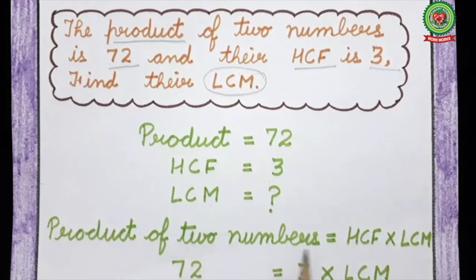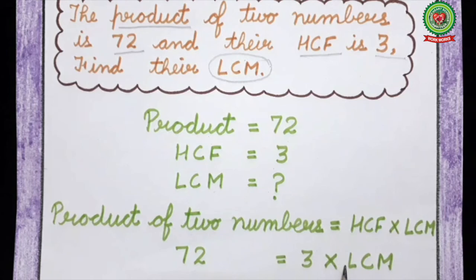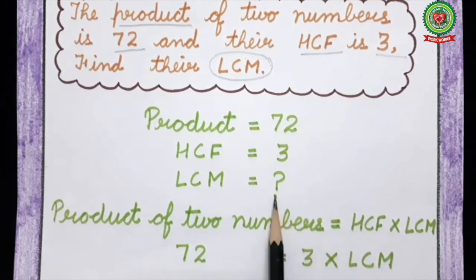Product of two numbers is equal to HCF multiplied by LCM. Product given here is 72, HCF 3 multiply LCM, which is required to find.